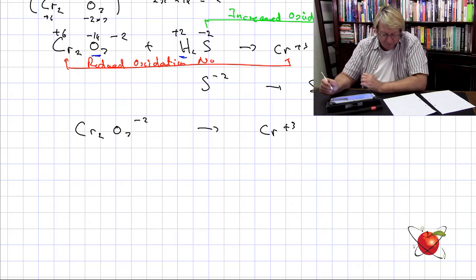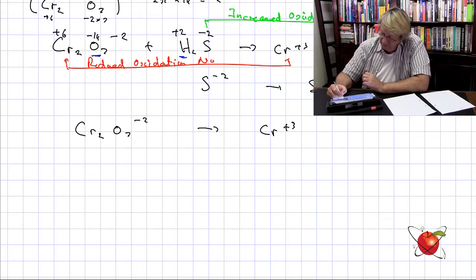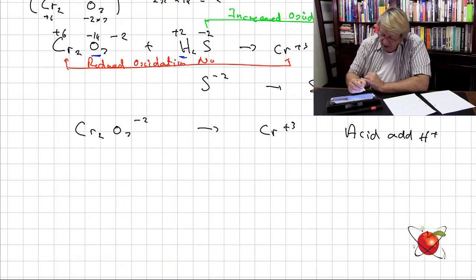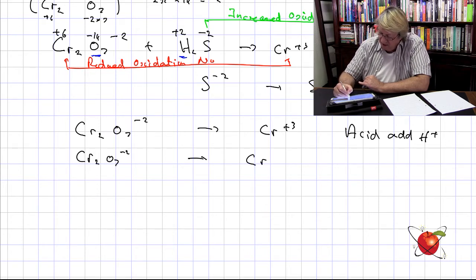Well, first of all, we start with oxygen and we balance it out. Remember, it's in an acid medium, so we're going to add H+ at some stage, right? But you can see that over here we've got 7 oxygens. Cr2O7 2- and Cr 3+.